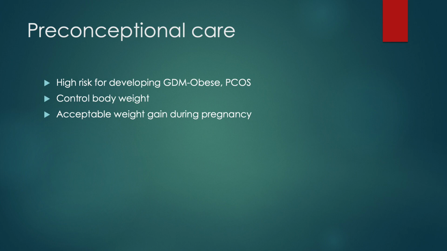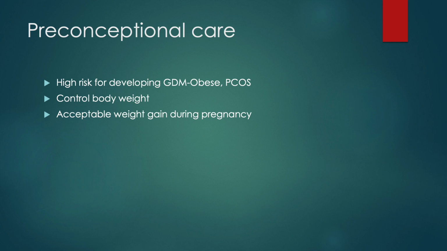In such patients, there is a high risk of developing GDM as they get pregnant. These women should be advised to control their body weight and on lifestyle modification regarding exercise and diet control.